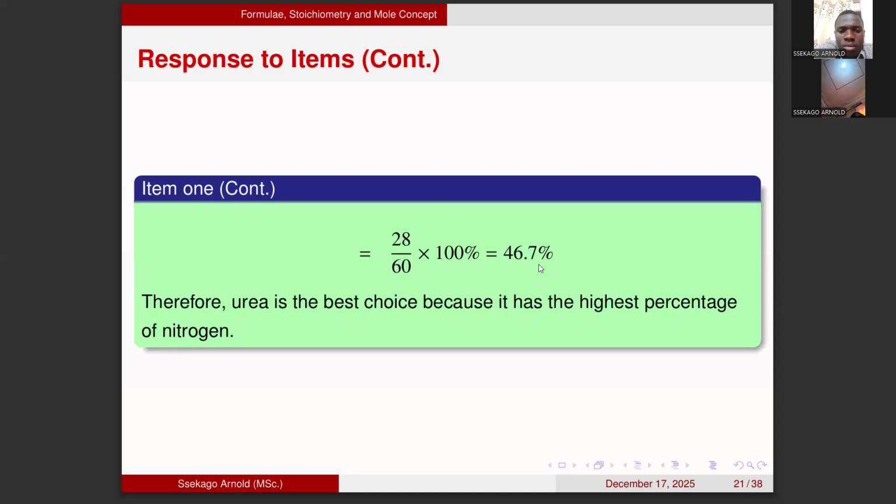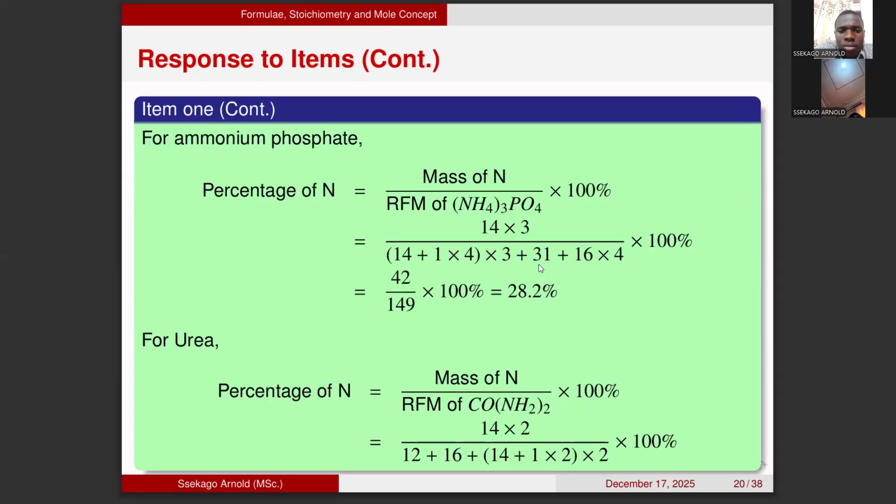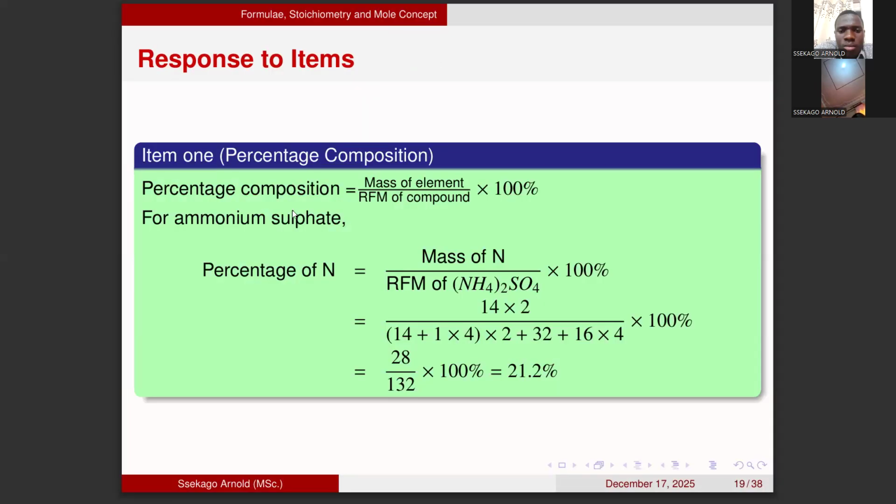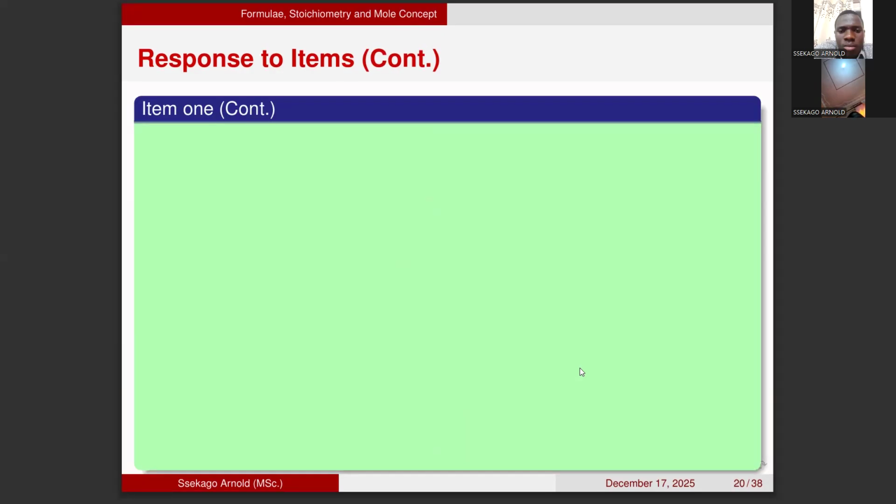So therefore, comparing these percentages, to take you back, the first fertilizer was ammonium sulfate. We obtained 21.2% as the percentage of nitrogen within ammonium sulfate.